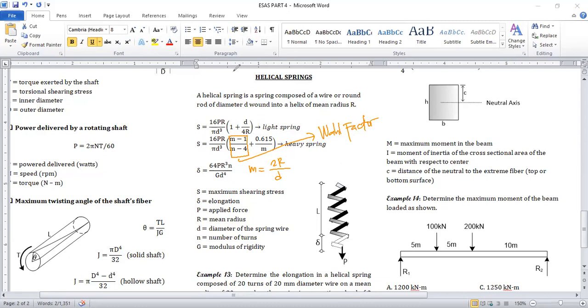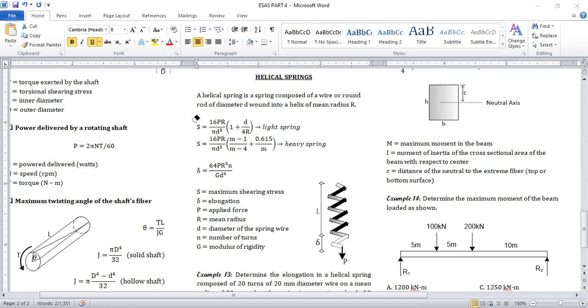Normally the best step is to memorize all the formulas, but for simplicity we may try to memorize the light spring formula because it is very short.